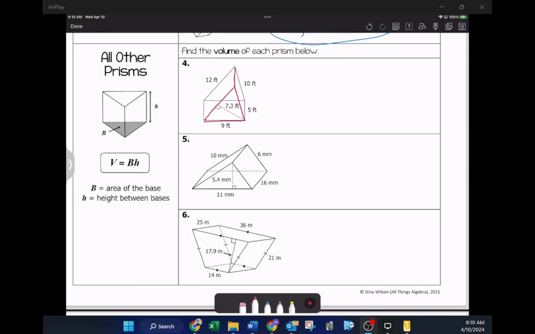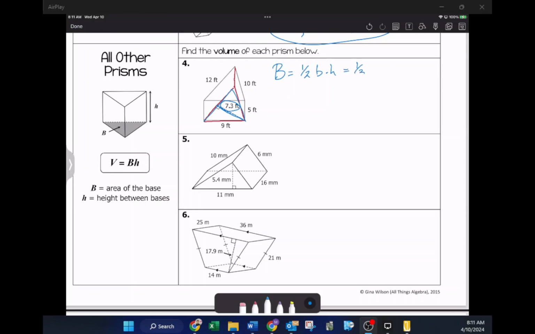So here's our triangular prism. Now, we need to find the area of the base first. The area of a triangle is 1/2 of the base of the triangle times the height of that triangle. So in this case, here we have our triangle. The perpendicular sides would be 7.3, so that's our height.